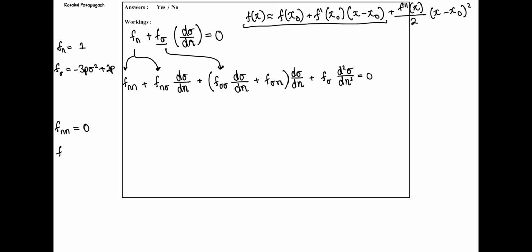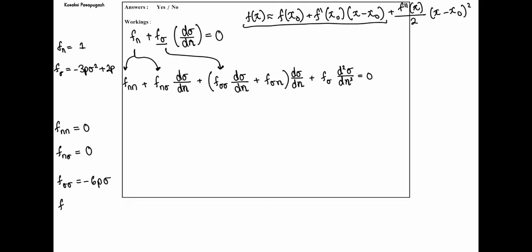If we differentiate the partial derivative with respect to eta, this time with respect to sigma, we get 0 again because there's no sigmas here. If we differentiate the partial derivative of the function with respect to sigma again, we will get minus 6p sigma.